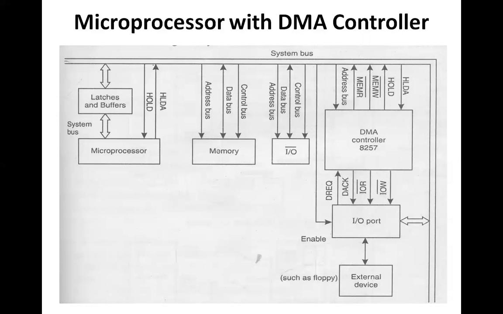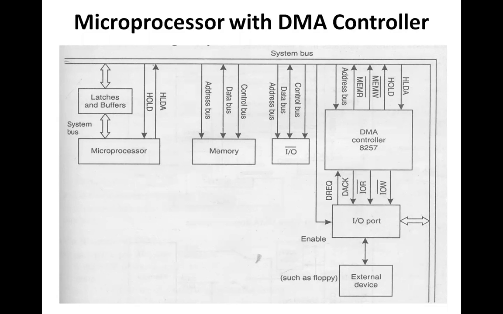Now, for performing the DMA operation, the processor has to initialize or program the input output device as well as the DMA controller. For example, if a bulk of data has to be transferred from an input device to the memory by using DMA, the processor is going to initialize first both the DMA controller as well as the peripheral device.